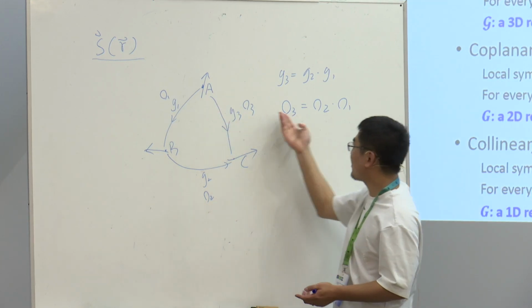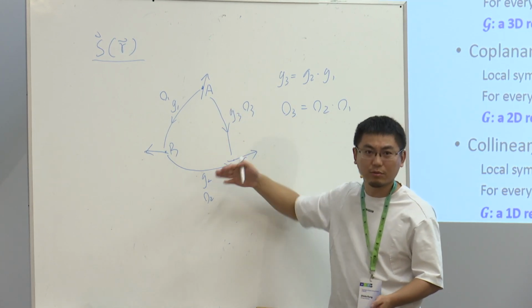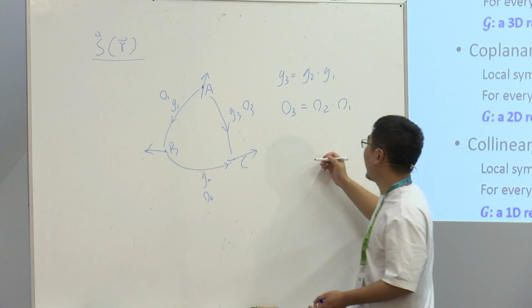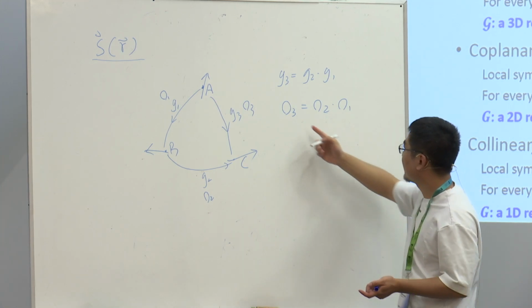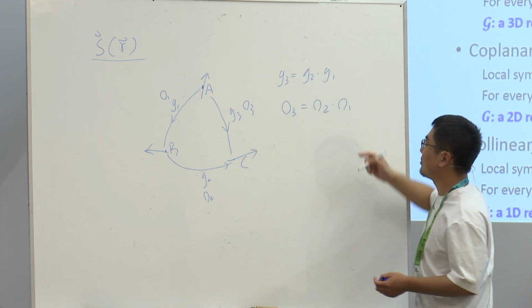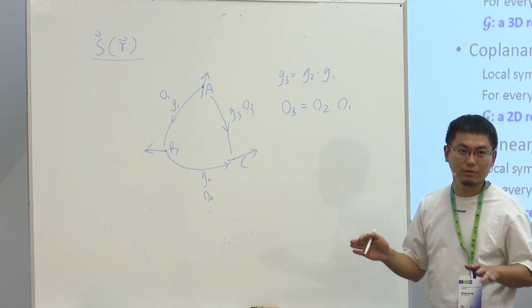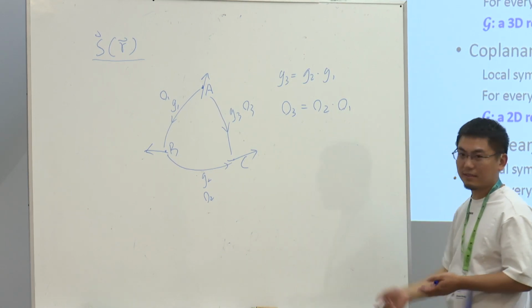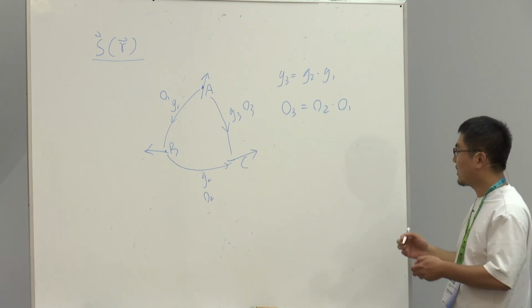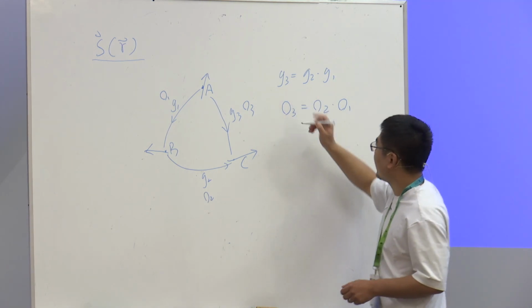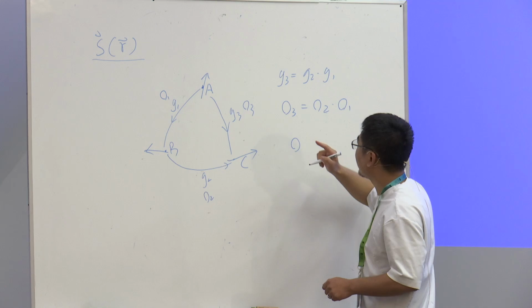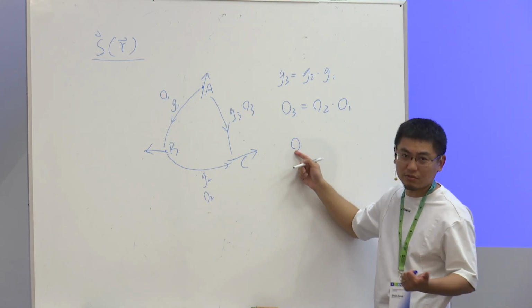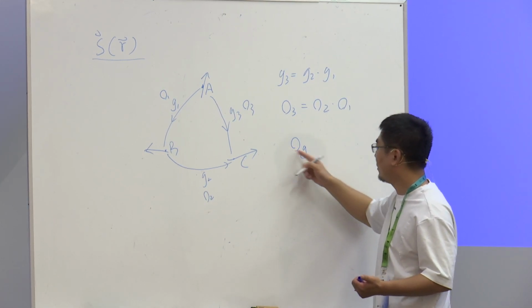So the algebra must be closed under these operations, right? And remember that actually this relation applies to all the operations in the space group, right? And remember that this O is just the 3x3 matrix. So now for each spatial operation, we have a 3x3 matrix OG.